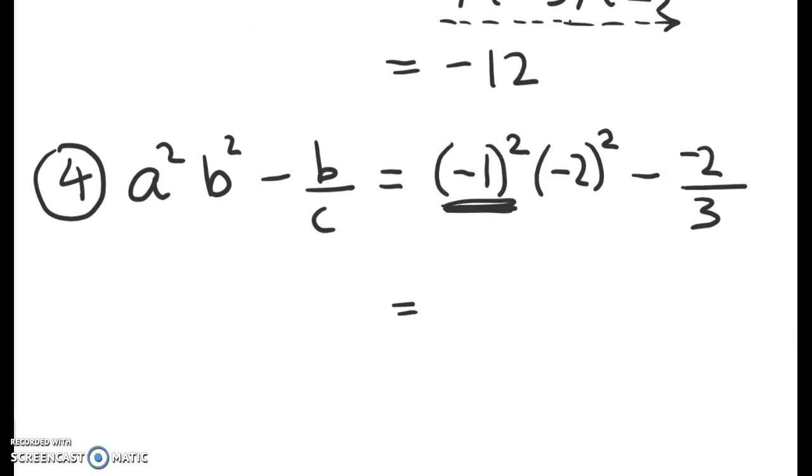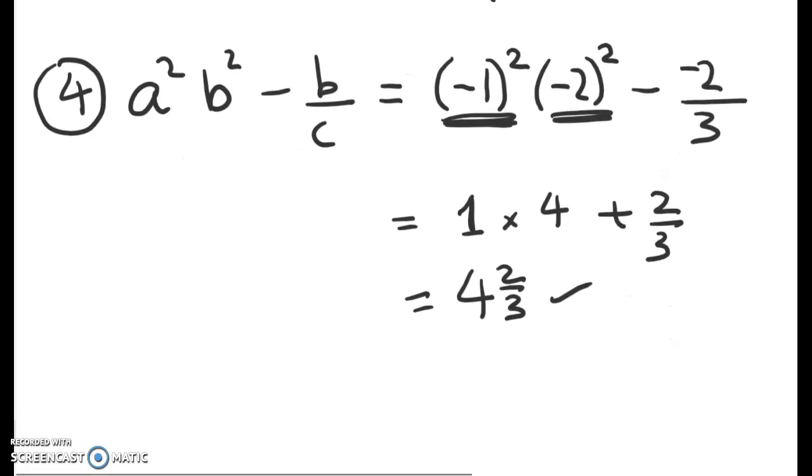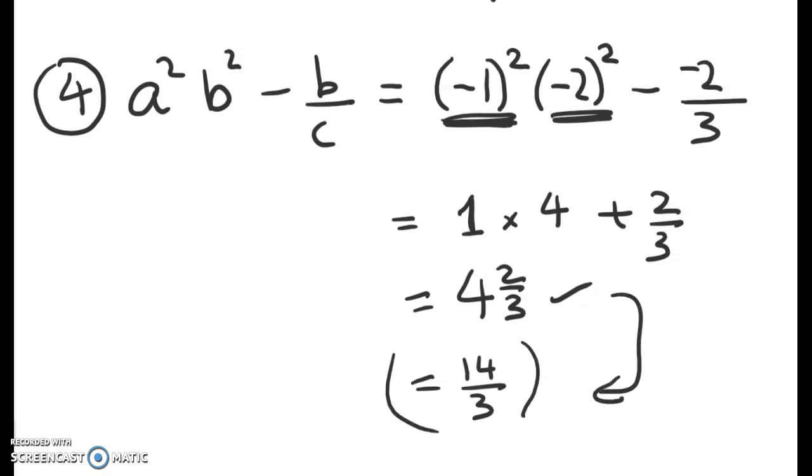This is -1 times -1, so it's +1, times -2 times -2, +4, plus 2/3 gives me 4 and 2/3. Now that's fine to write it like that. It would also be fine to write it as 14 over 3, but you wouldn't usually go from here back to here. So I think that answer's better. This answer's okay though. 2 left.